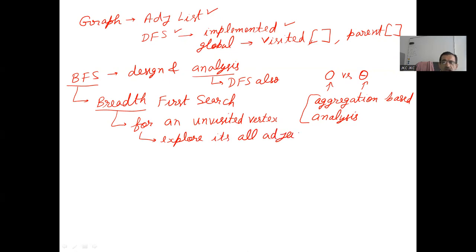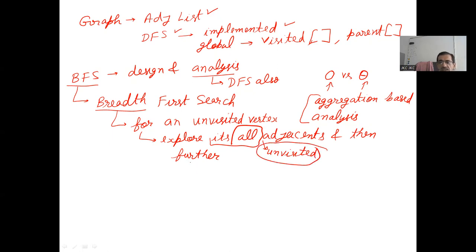First I will traverse all the adjacents, and then further explore each of their unvisited adjacents. If they are already visited, that is not to be done. So here, all adjacents will be initially explored before going further into any of them. That is the only difference.